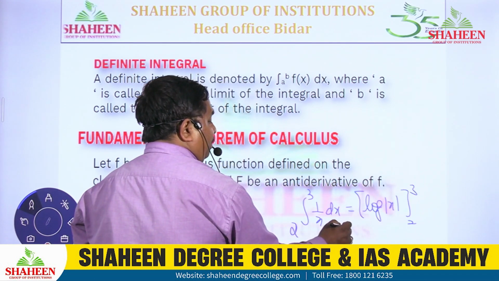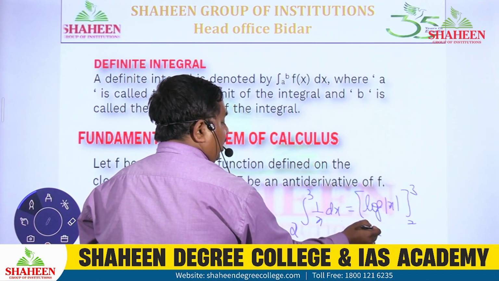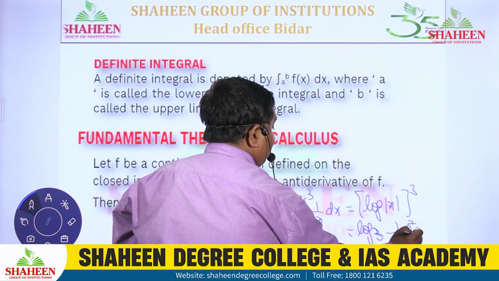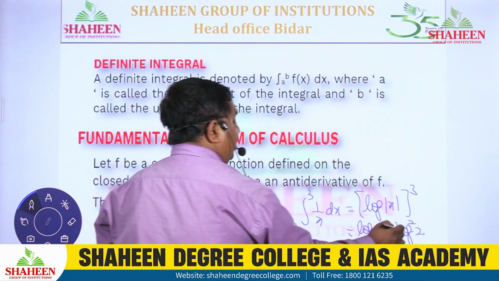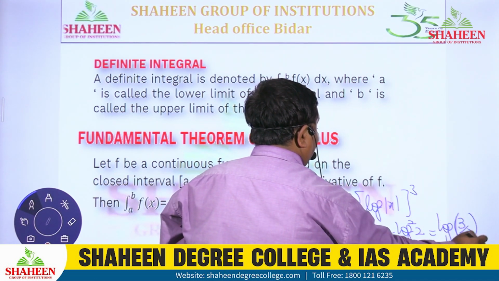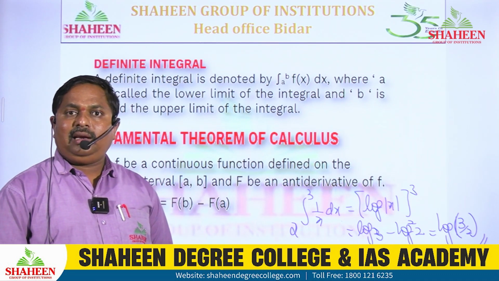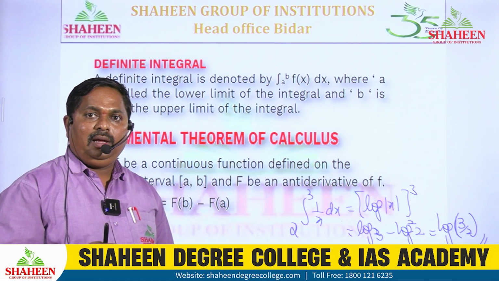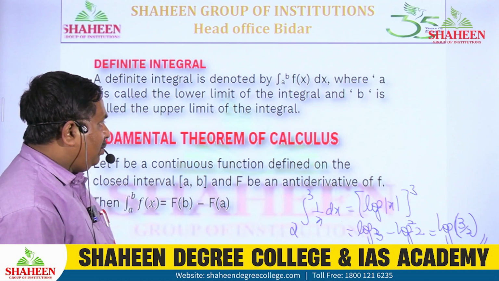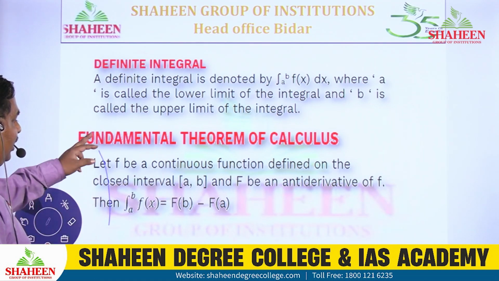First we take the upper value: in place of x we substitute 3, that is log 3, and next minus the lower value, that is log 2. We know that log 3 minus log 2 is log 3 by 2. This is our answer. First we integrate as normal, and then we substitute the upper value minus the lower value. Clear? That is the fundamental theorem of calculus in definite integrals.